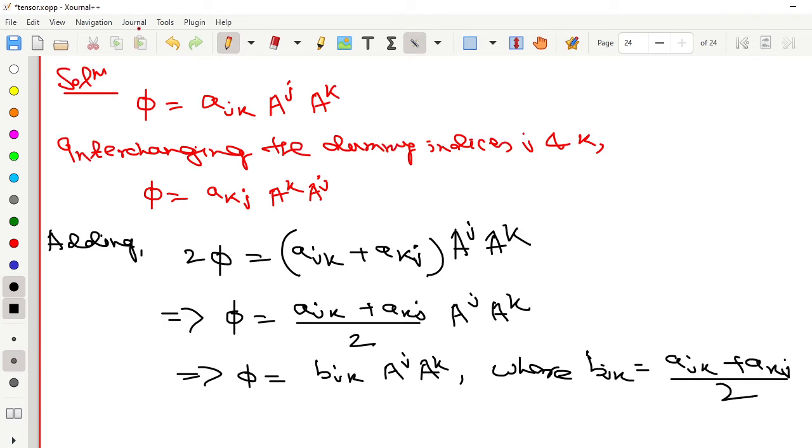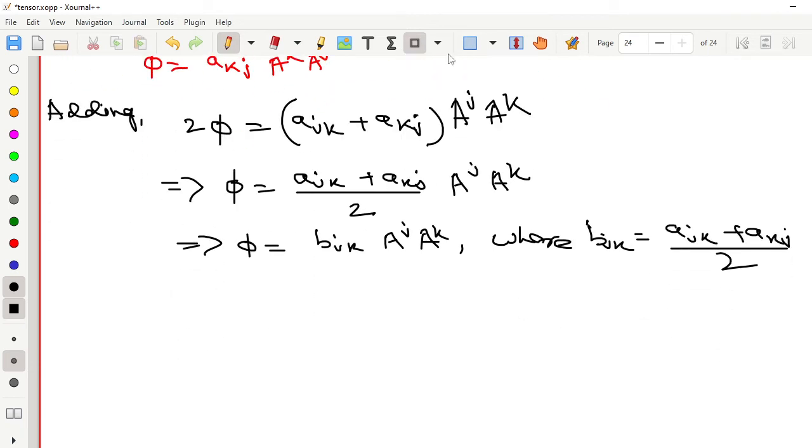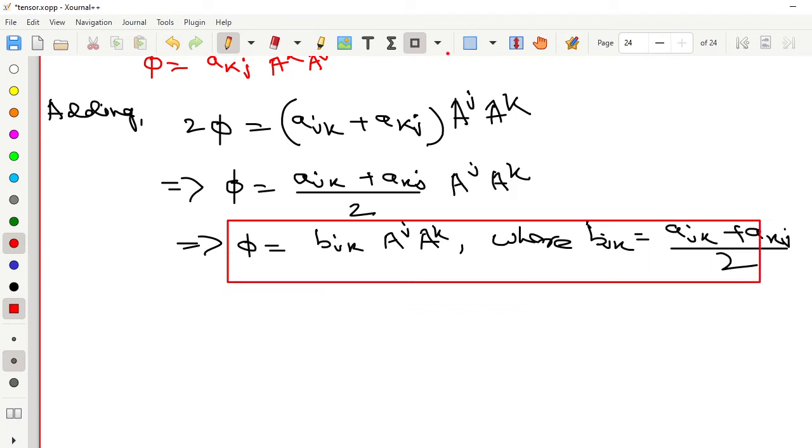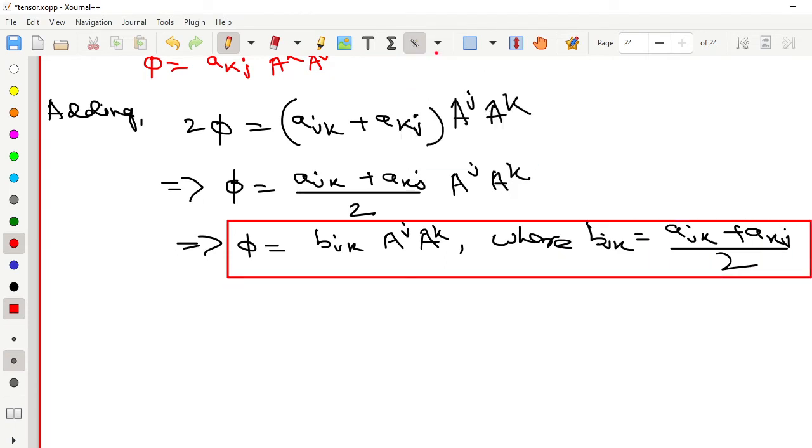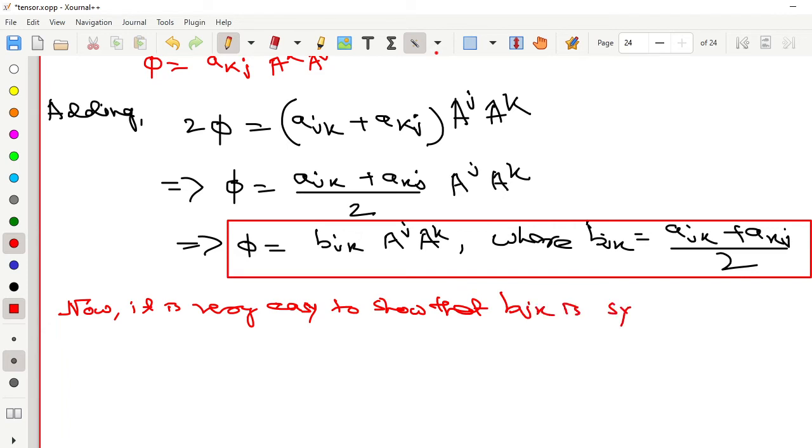And now you see the way you have defined b, it is definitely symmetric in nature. The way you have defined b, b has become symmetric. Now you write, take it, it is very easy to show that bjk is symmetric.